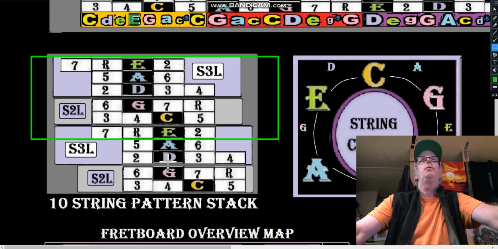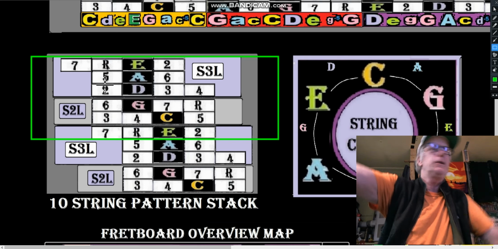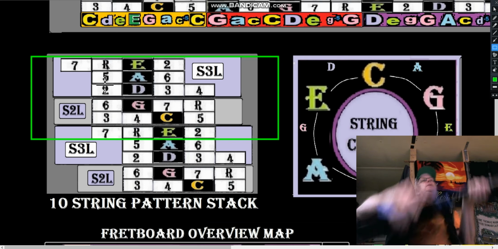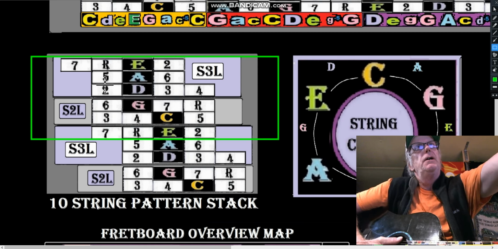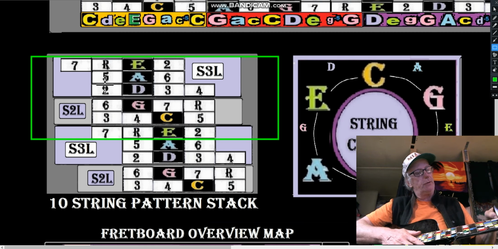But this isn't what the guitar is strictly, because with the guitar we have a different tuning. We don't have all perfect fourths tuning.